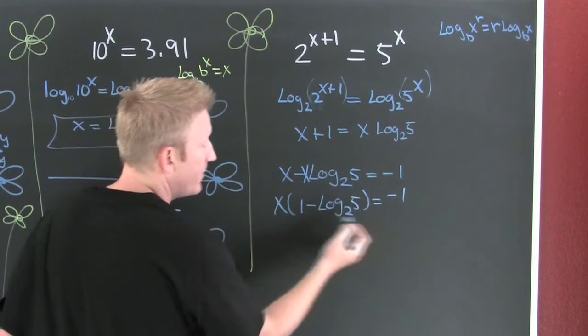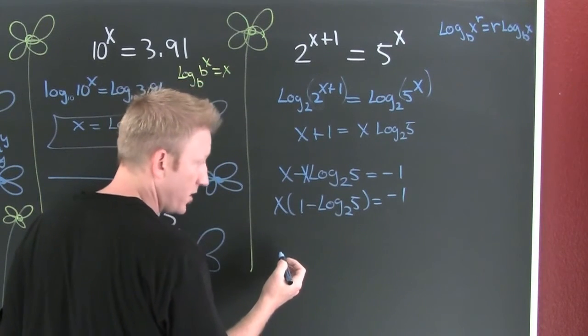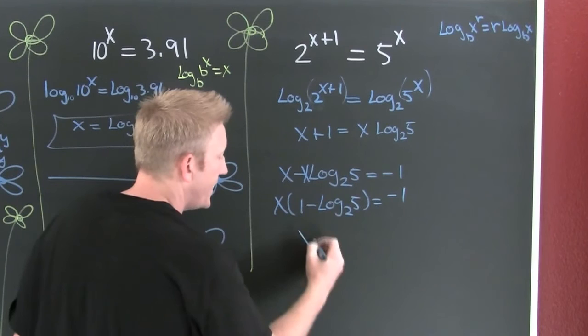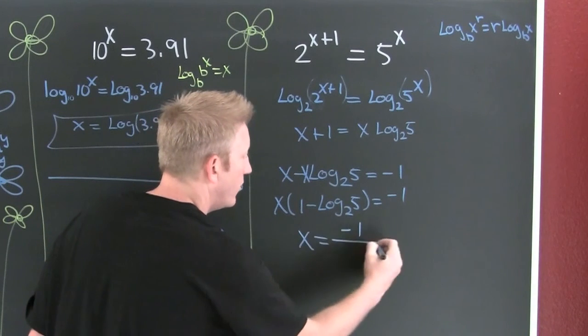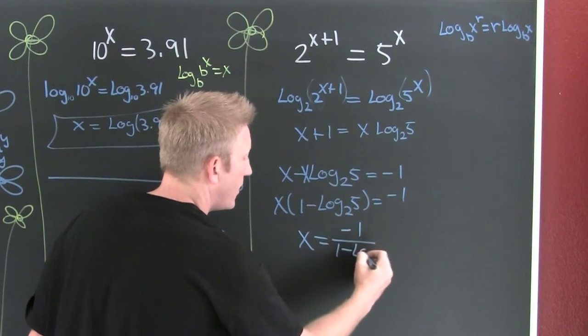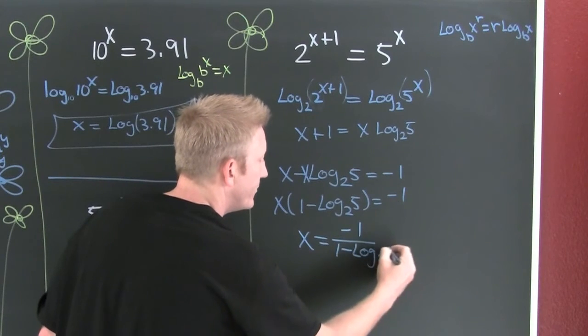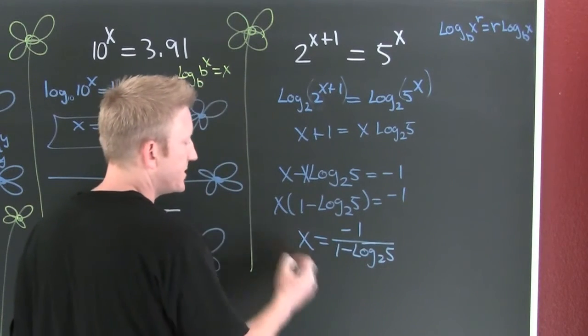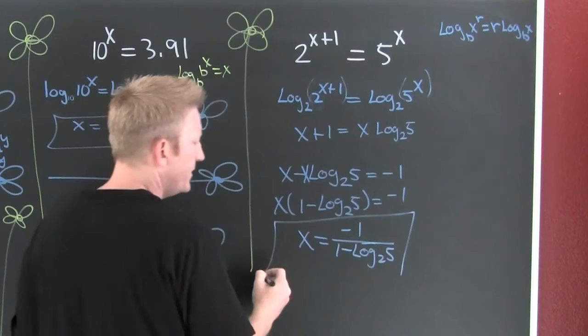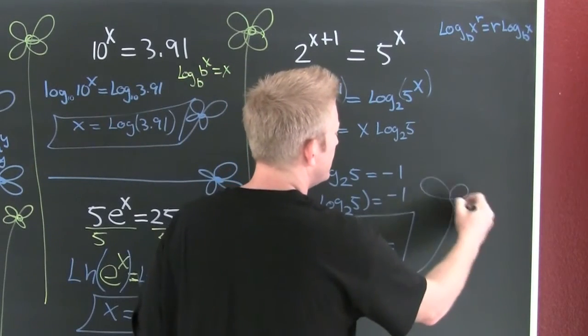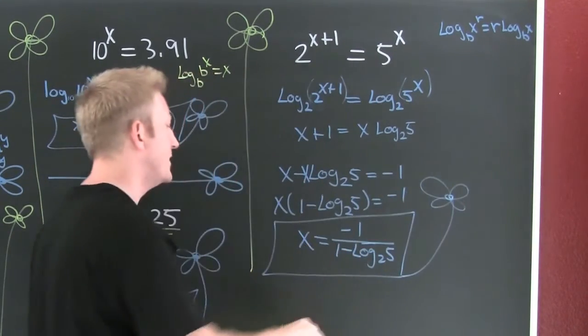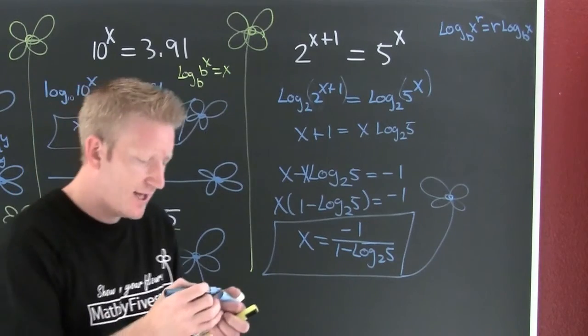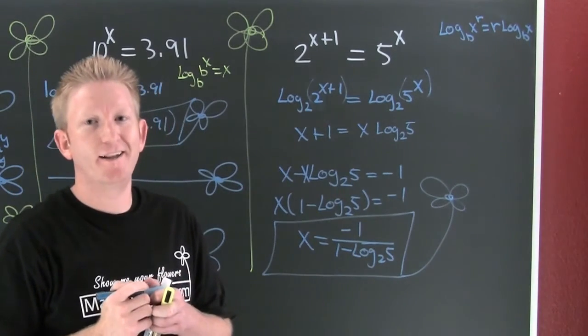Divide both sides by that 1 minus log base 2 of 5. So then x is equal to minus 1 over 1 minus log base 2 of 5. Now you could get a decimal equivalent of that logarithm, but I like exact answers.